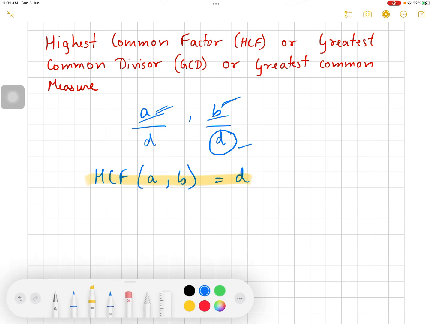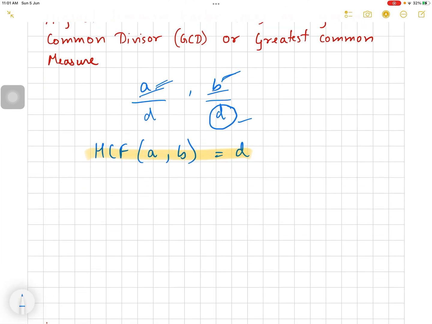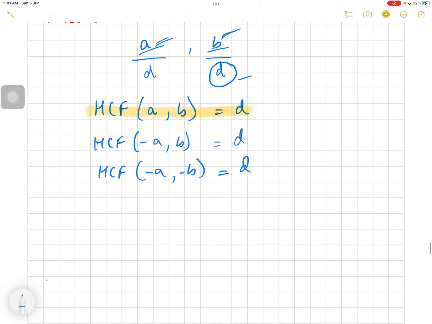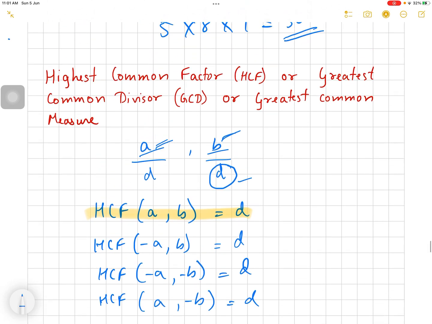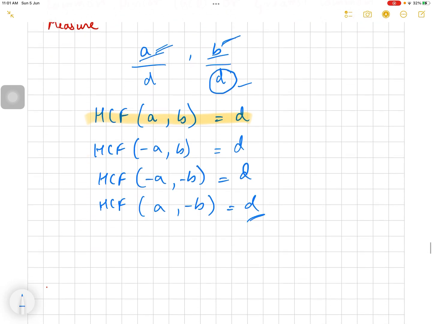Then that means HCF of minus A and B is also D. HCF of minus A and minus B is also D, and HCF of A and minus B is also D. So D, the common factor or the divisor, is always a positive integer.